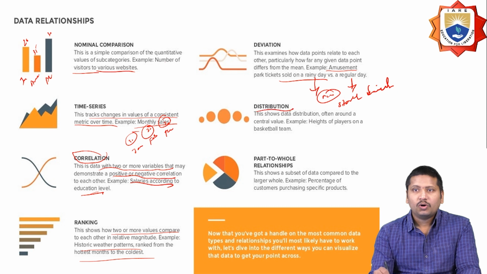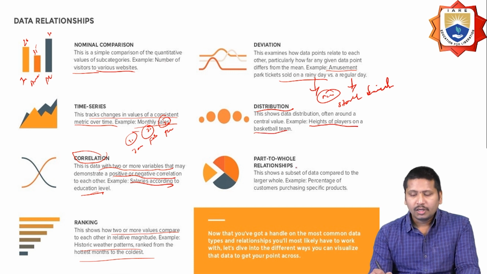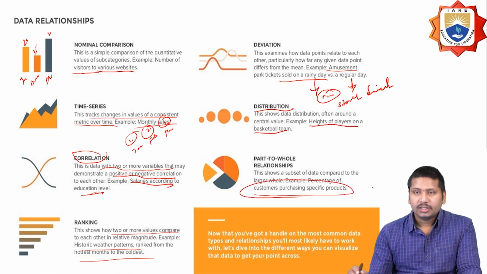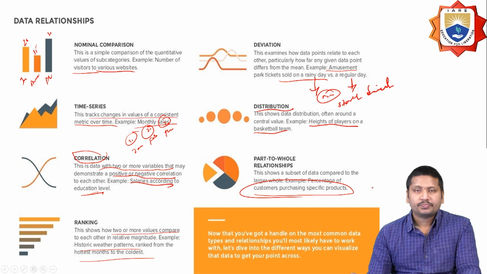And distribution should also be done, for example heights of players on a basketball team. And part to whole relationship, which means that the subset of data is going to be compared with the larger whole. That means the percentage of customers purchasing the specific products.